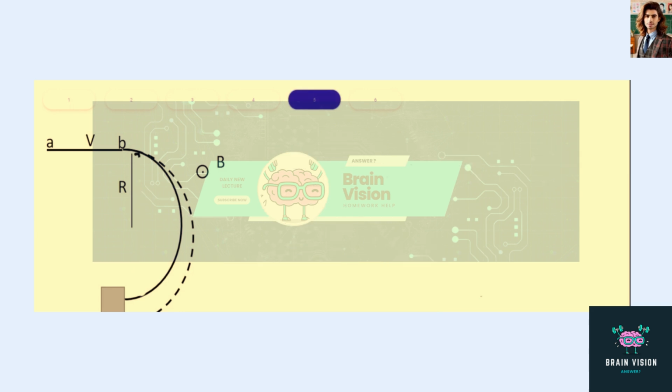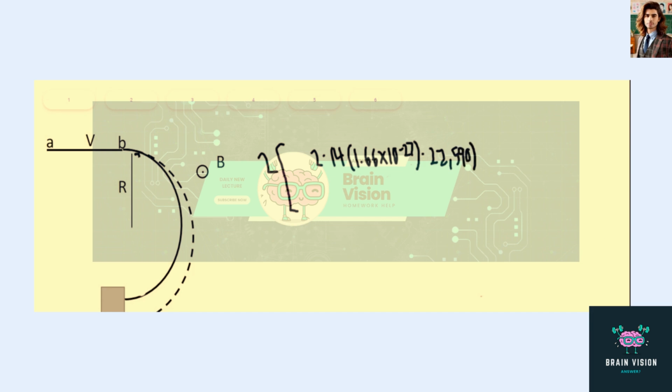This may take a few minutes, but basically the way that works is we'll just write it here, and we have 2 times 14 times the atomic mass unit once again, times 10 to the minus 27, times the voltage in volts instead of kilovolts, divided by the charge times the square of the magnetic field.